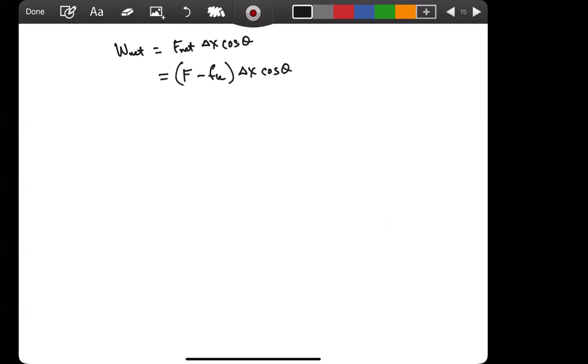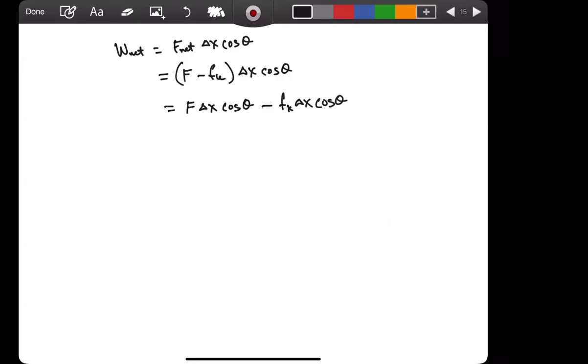Now, let's write all this out. Let's kind of FOIL all this out. So here I'm going to get my force times my displacement times cosine of the angle between the two, minus then my friction force times my displacement times cosine of the angle between the two.